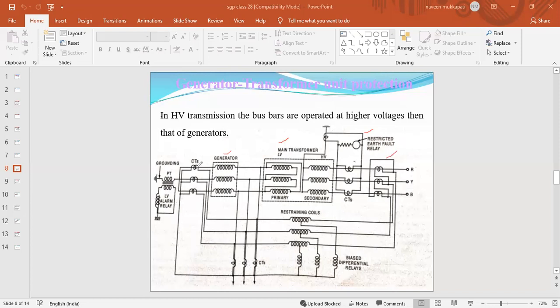This is the neutral connected relay coil: when any earth fault occurs at that point, it gives an alarm signal. Otherwise, by adjusting the resistance we limit the fault currents. That is the main reason for connecting the resistor at the neutral point or ground point. This is the generator and this is the main transformer. These two are the protective systems.